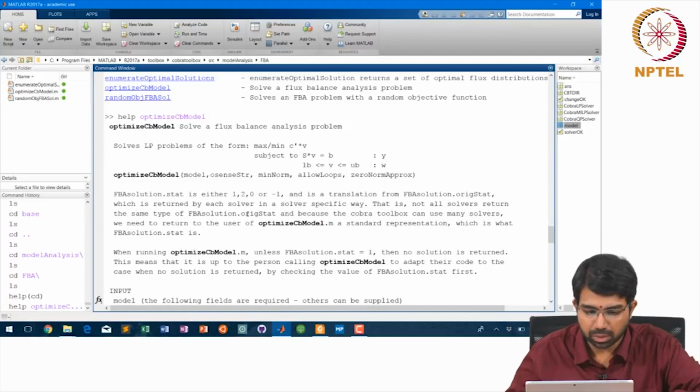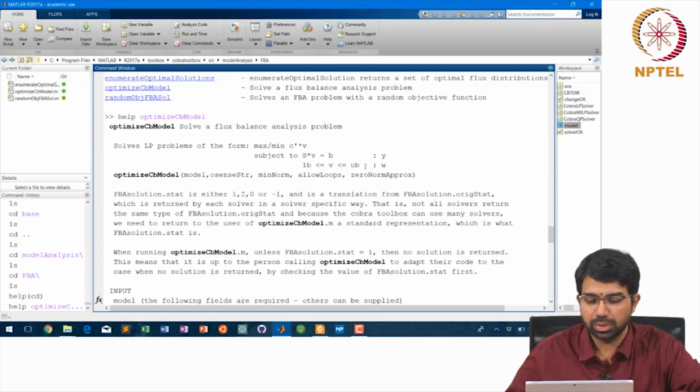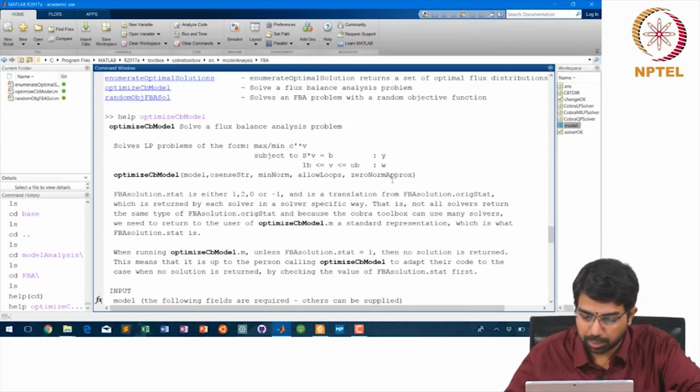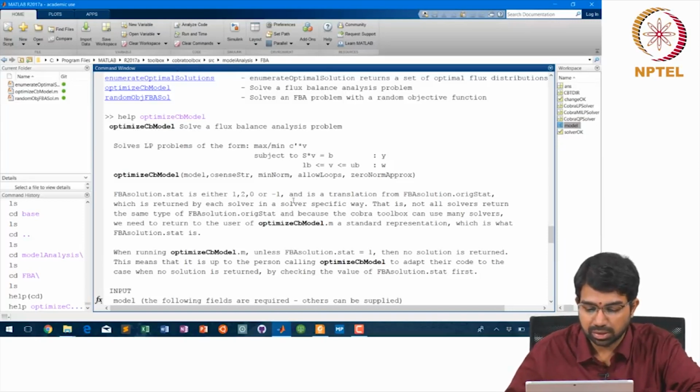Yep. So, it solves the LP problems of the form max or min c transpose v such that Sv equals b and lb less than or equal to v less than or equal to ub. And you can also give a few other things like should you allow loops and do a zero norm approximation or a minimum norm or things like that. We will look at what they are in subsequent classes, most of them.